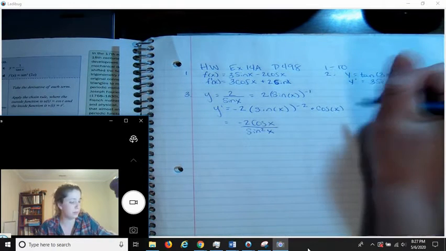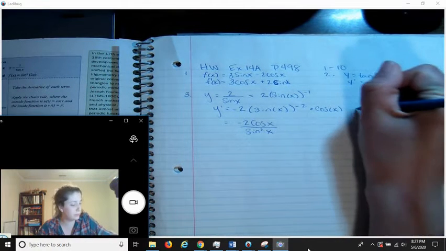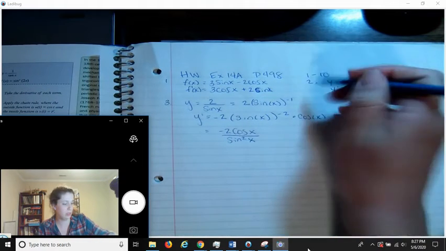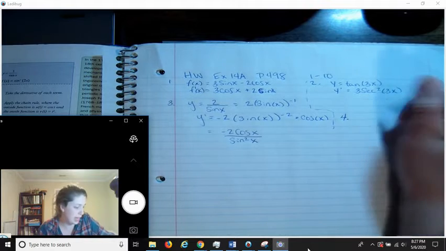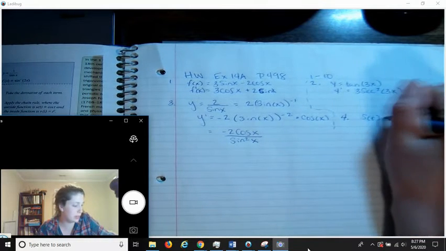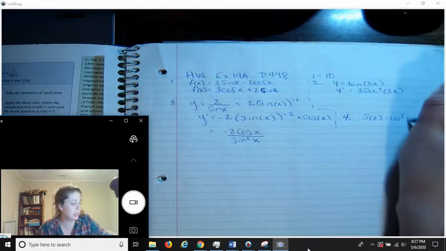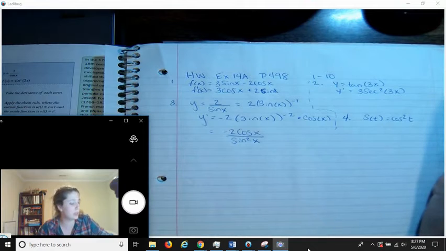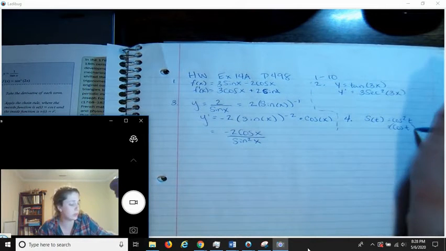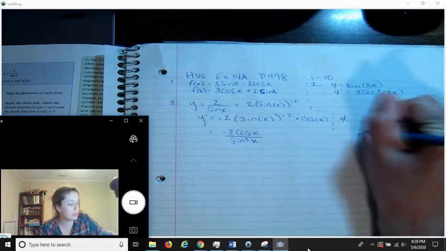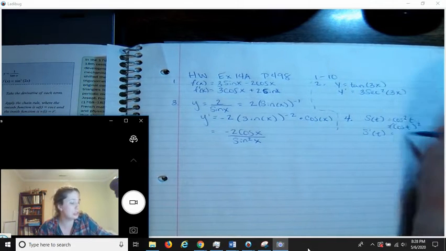Number 4. Sorry, I crossed over my virtual column. Okay. So in number 4, we have that s of t is cosine squared t. Again, treat this as a composite function. This is like cosine t quantity squared. So s prime of t is going to be 2, because I'm pulling that 2 out front from the power.